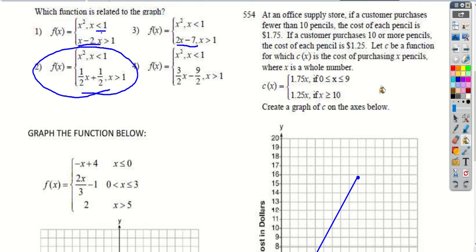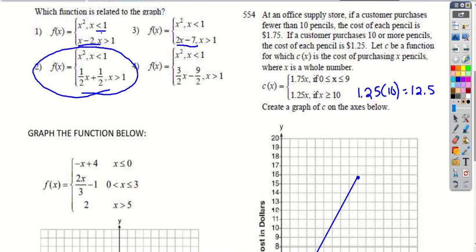There's nothing. And at 10, I'm going to use the point 1.25x, okay? And when I plug in 1.25 times 10 is 12.5. So I know at 10 and then 12.5, I'm going to have another dot, okay?